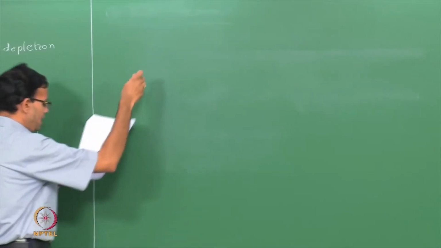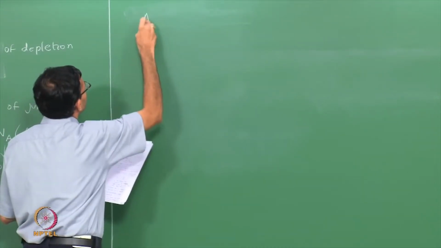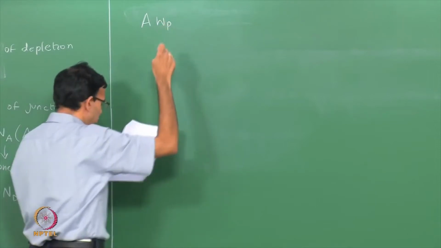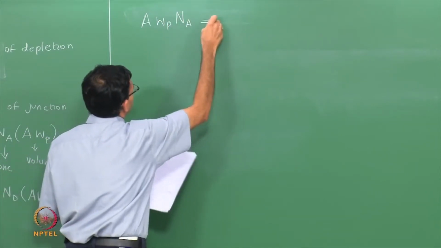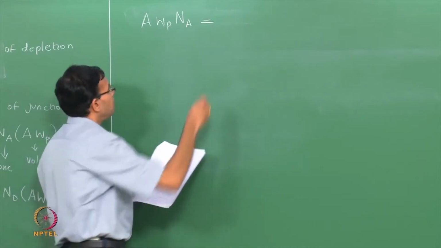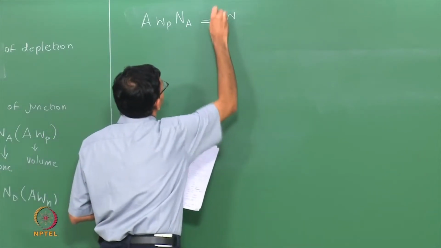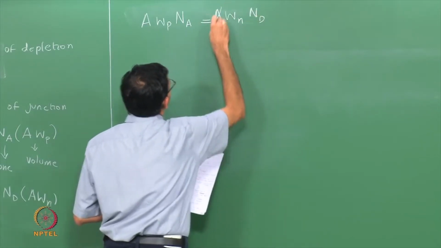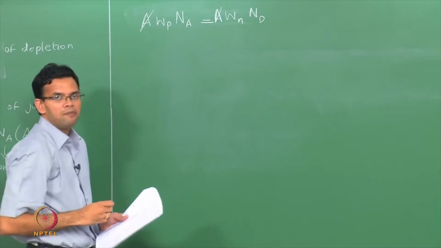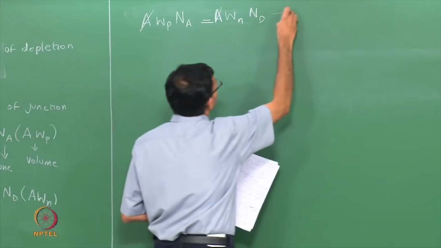So, if you want to maintain charge neutrality, you have A Wp Na, which is the total negative charge on the p side, must be A Wn Nd. The cross section area is the same, so that can be removed.